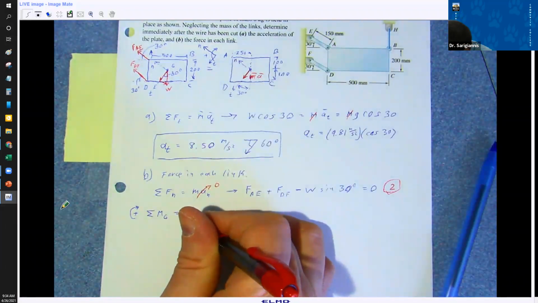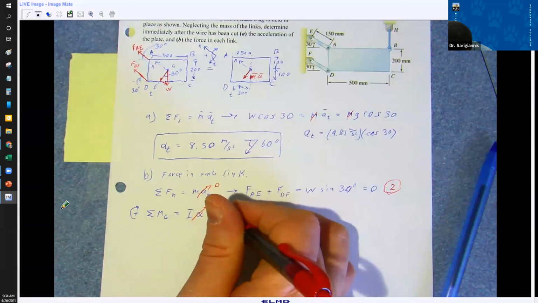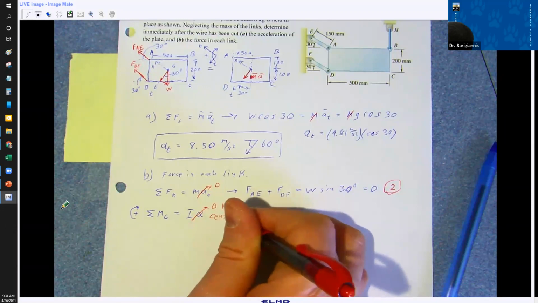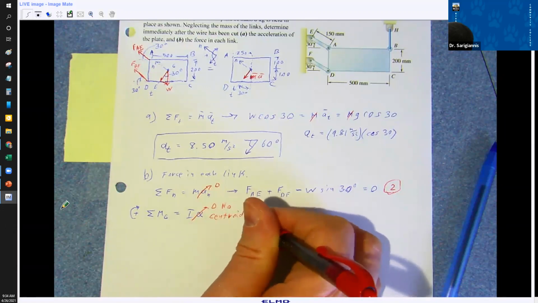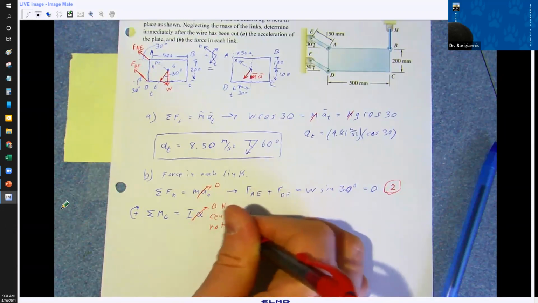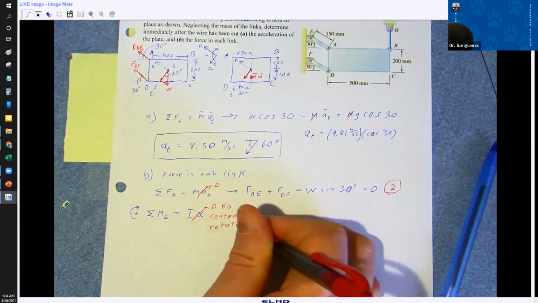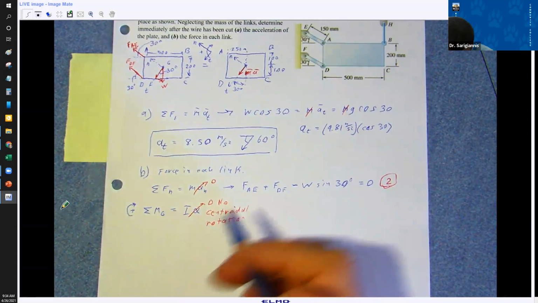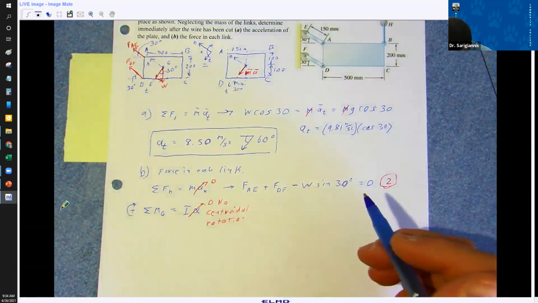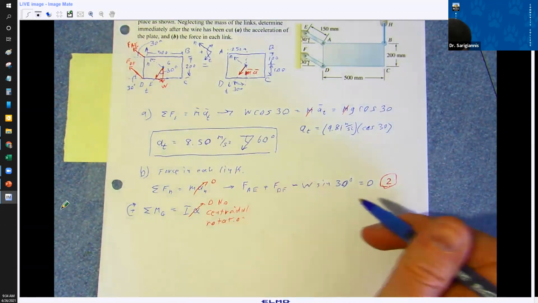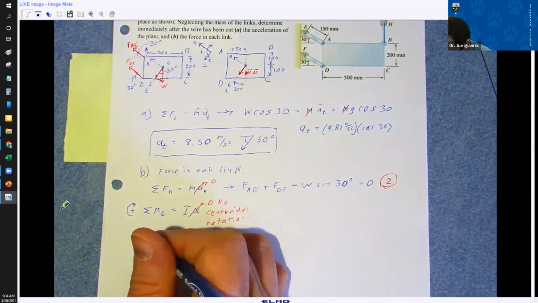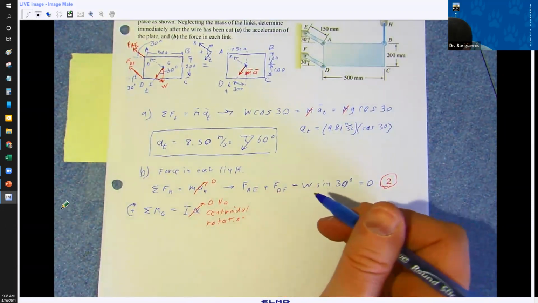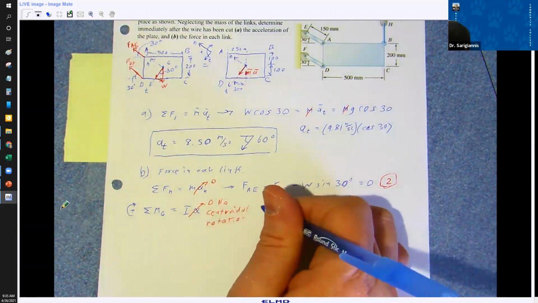So this is 0. No centroidal rotation. Let's see, can I fit this in? No, I can't fit it in anywhere anyway, so I'm just going to make it 2 lines.